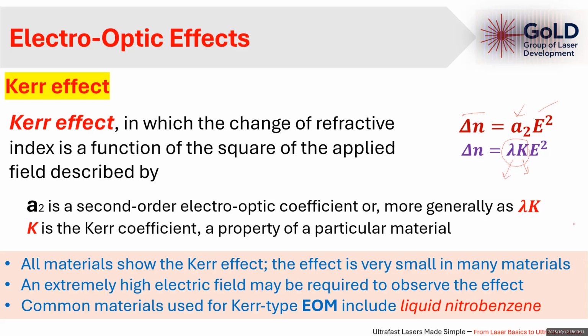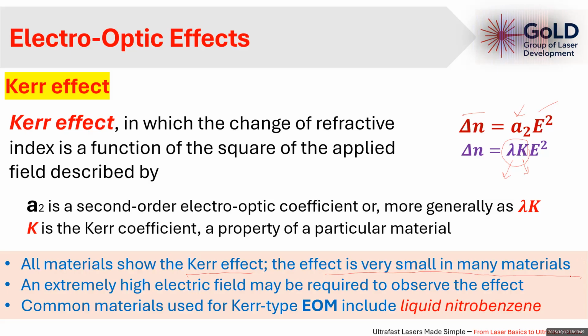As I mentioned, all materials can show the Kerr effect, and this effect is very small in the material, so it's really difficult to observe. You need highly sophisticated instruments to observe this effect, and very high electric field, most of the time. It's not possible for us to generate a very high electric field.